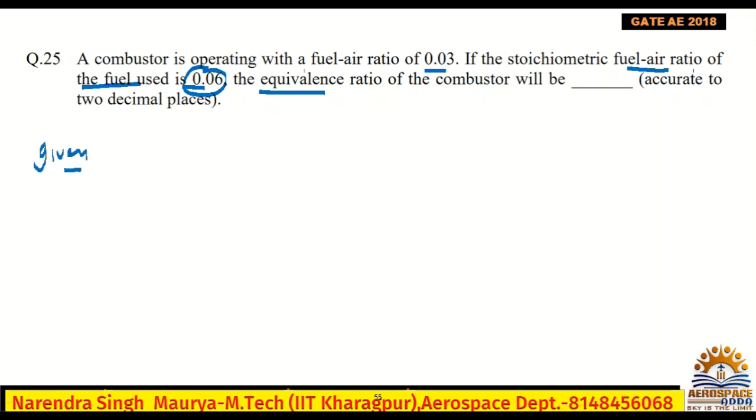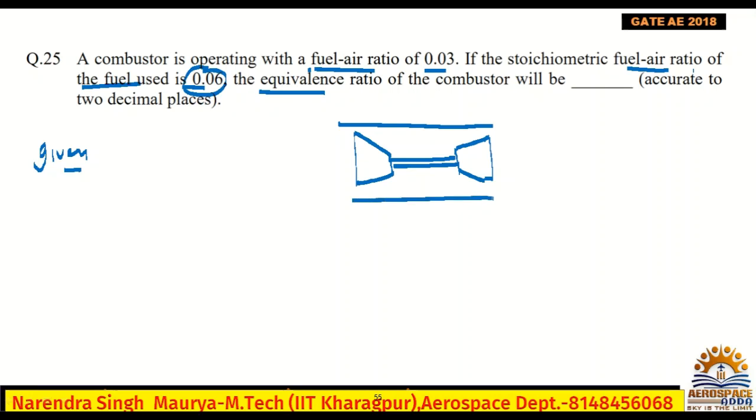They have given fuel to air ratio for the combustor. This is m dot a, and this is the compressor, combustion chamber, and turbine.